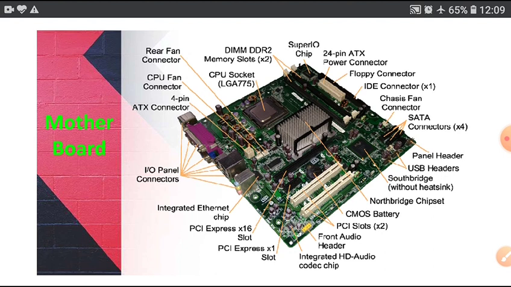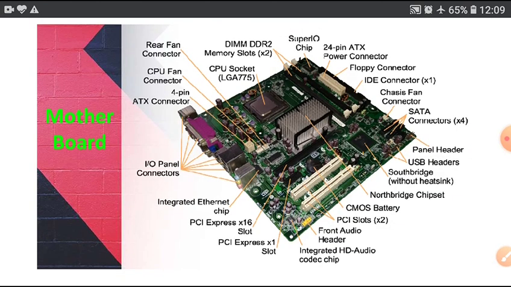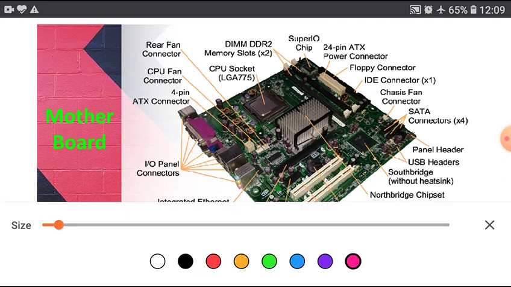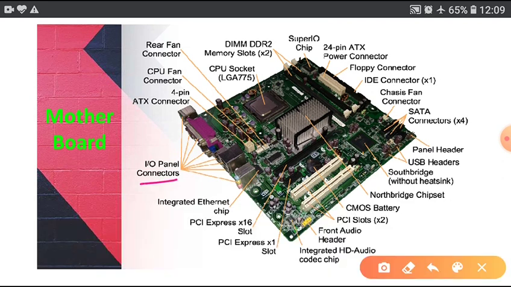You can see fan connector, CPU fan connector, input output panel, integrated chip, IC chip, front audio header, CMOS battery, heatsink, USB header, SATA connector, IDE connector, floppy connector and 24 ATX power connector, super input output chip, RAM connector and CPU socket.